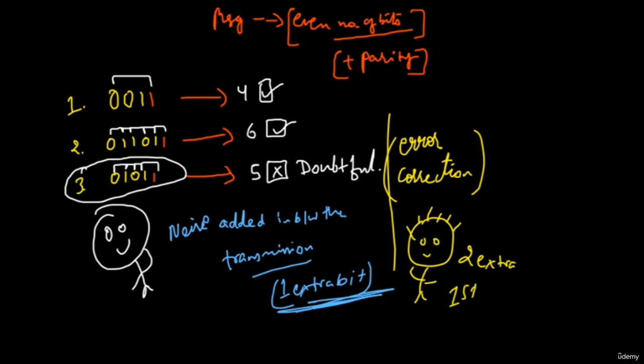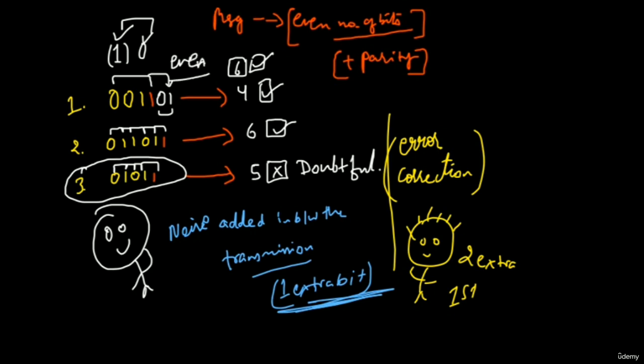If I add 0, 1, now the real problem is, 1 is the parity bit that I sent, so it is correct, but the 0 is the noise, and you are not able to figure that out. Instead of the 4 bits, the message gets 6, so it is even parity, so it looks even.